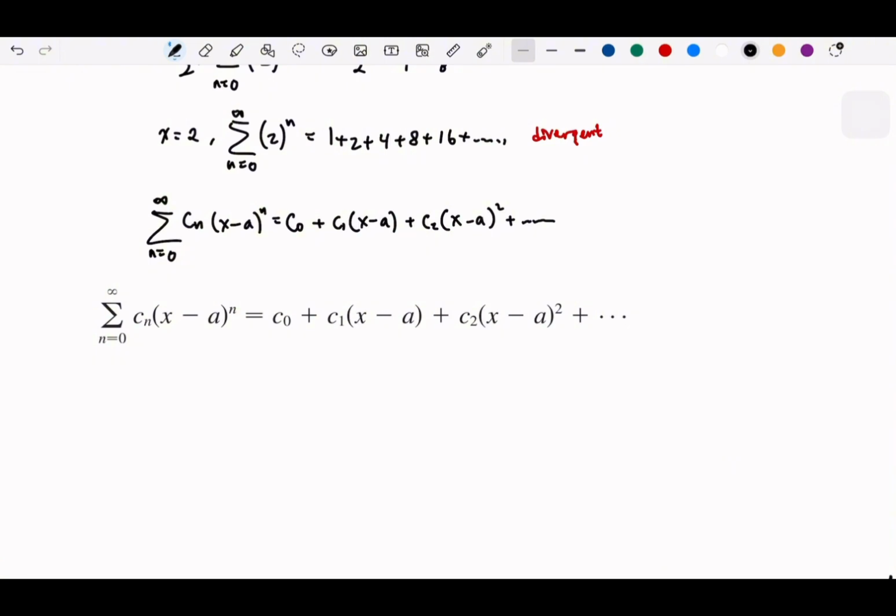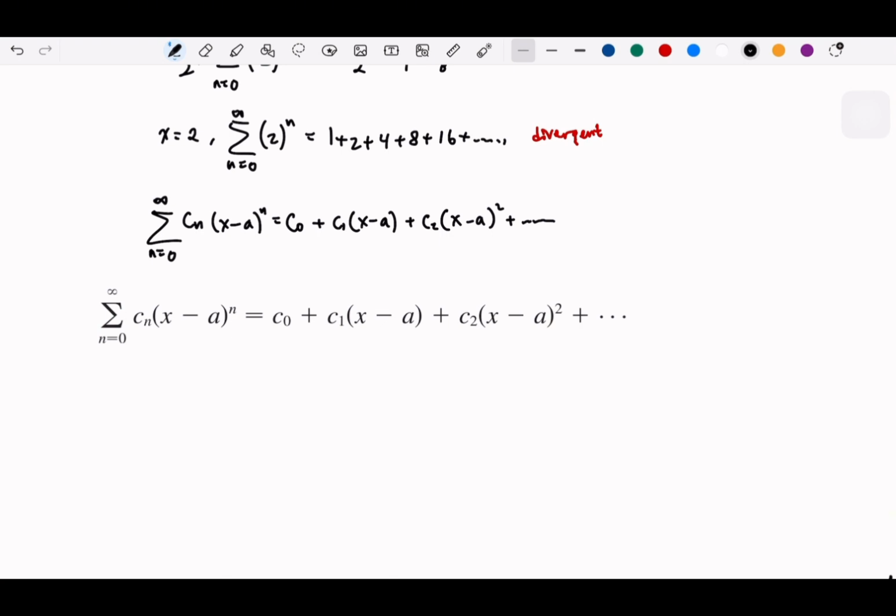Okay, let's continue. So the power series, we could write in a clearer and more general form with the term x minus a. This means that if we have only x, we have only one single value, like a function.